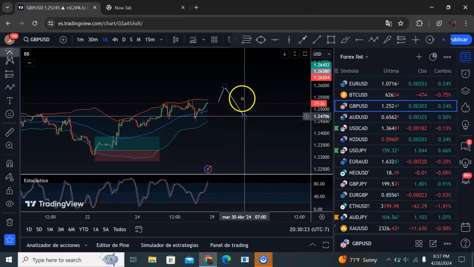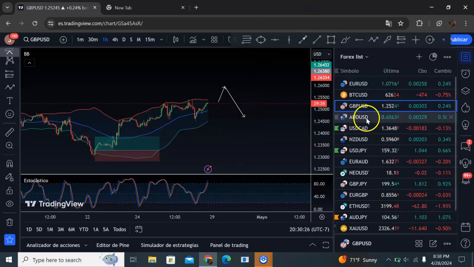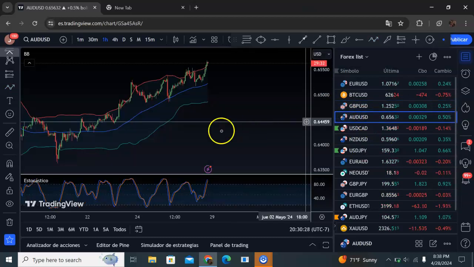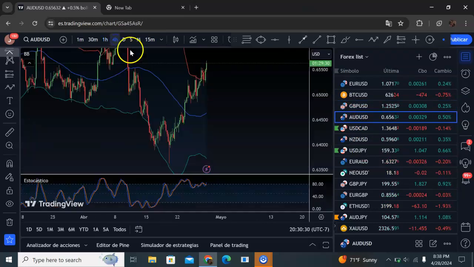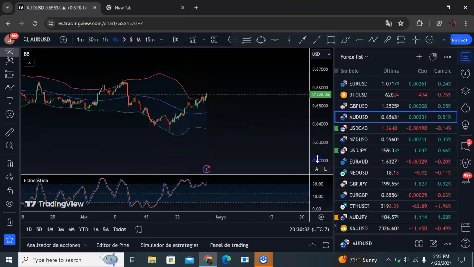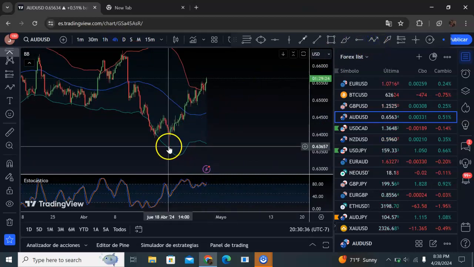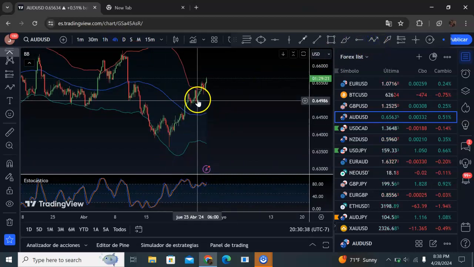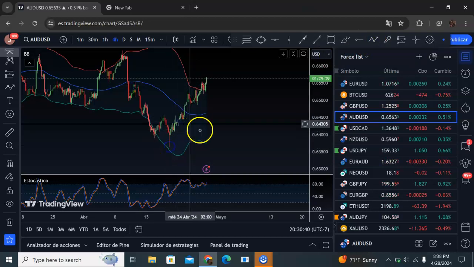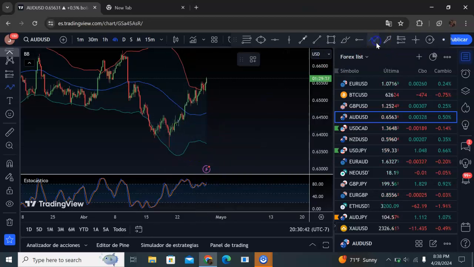Okay, let me do the last one real quick, which is going to be AUD/USD. It looks like a very similar scenario, so let's look at the last 4 hours. If I click right there, what am I thinking?